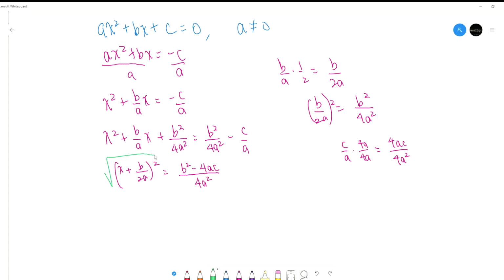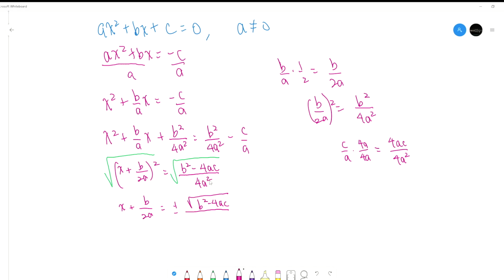Now we square root both sides, and we get x plus b over 2a. These squares cancel out, square and root. And on the numerator, we get the radical of b squared minus 4ac, and we could separate it, right?